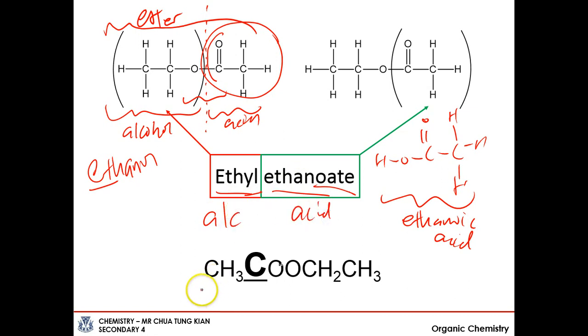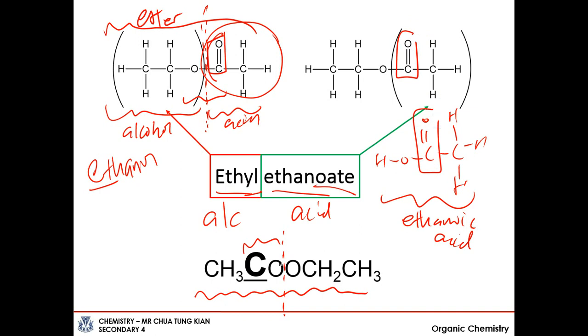Okay, but when I write the formula, it is the opposite way. CH3COOCH2CH3. So if I split this here, the CO belongs to the acid, which means that this portion here is now the alcohol. Okay, so take very special note, it is opposite.